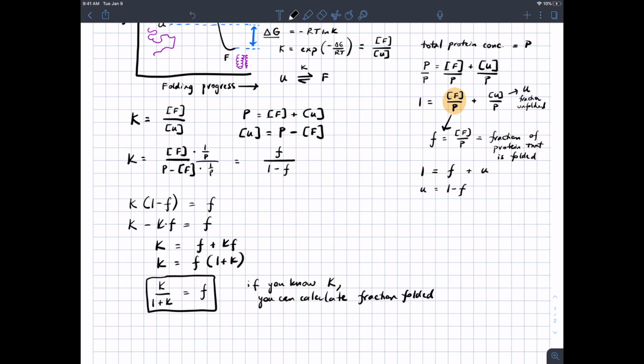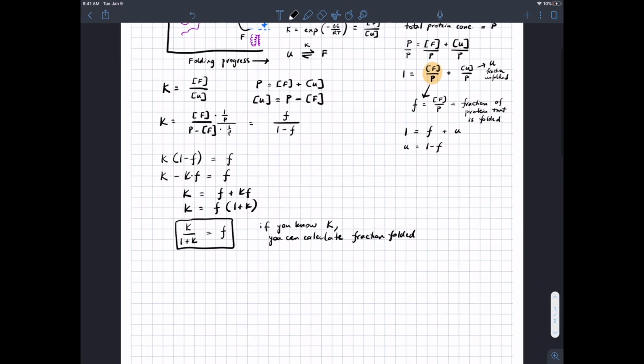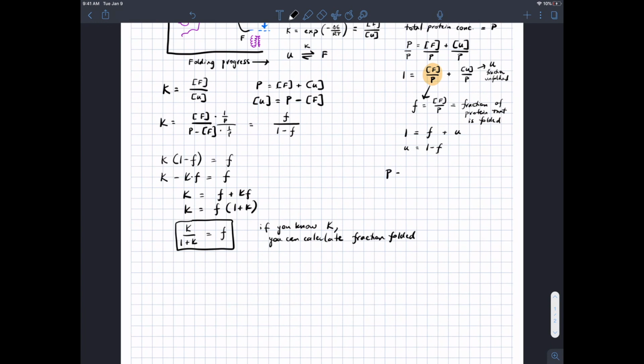You can also derive this expression simply by starting with the definition of total protein concentration and then substituting in, based on the definition of equilibrium constant, the unfolded concentration should be equal to the folded concentration divided by K.